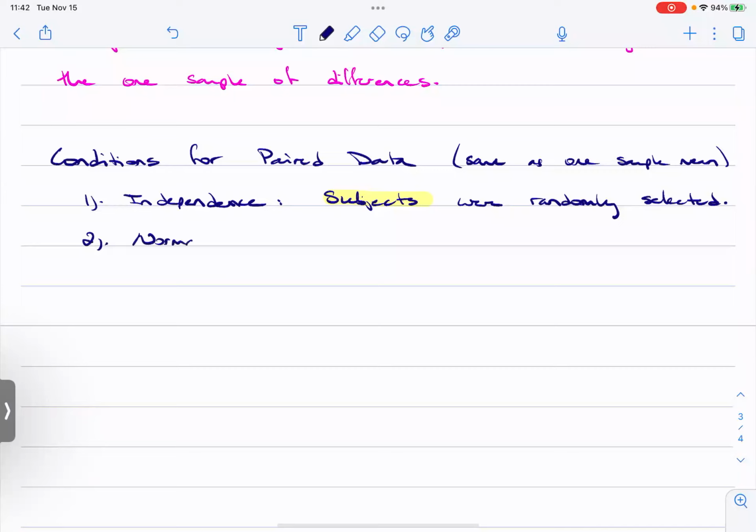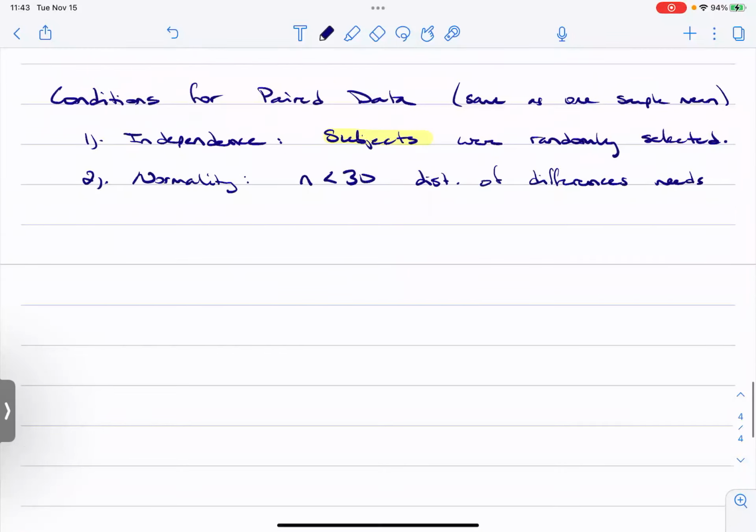Subjects were randomly selected. The normality condition: if n is less than 30, the distribution of differences needs to be approximately normal.